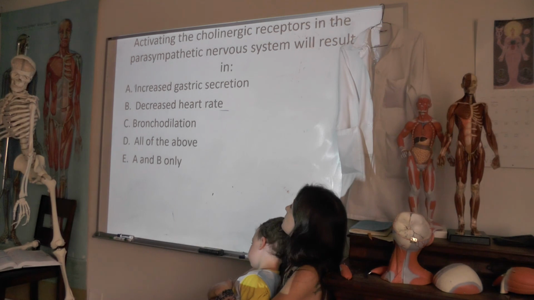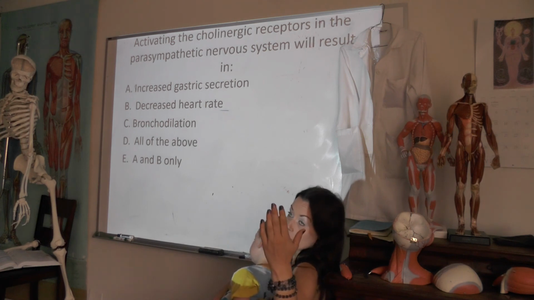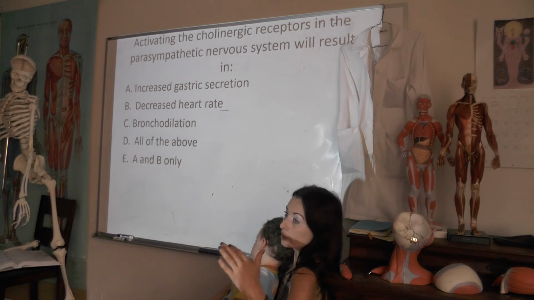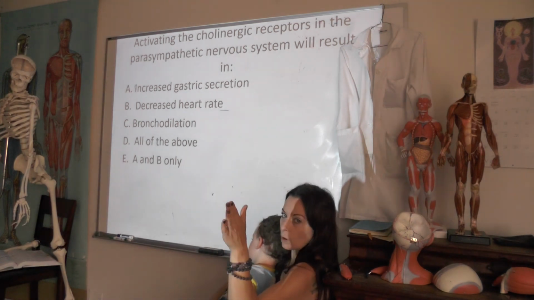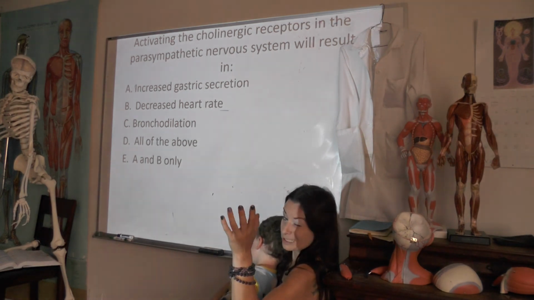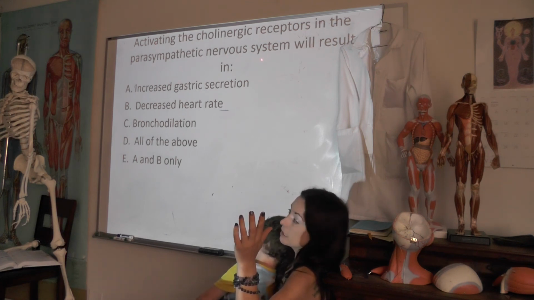So let's think about this. In the parasympathetic nervous system, if we activate cholinergic receptors, well, cholinergic receptors are found on every postganglionic neuron. So that's going to be stimulatory to our postganglionic neurons. Then the question is, on our targets, what are we going to do? Are those cholinergic receptors on our targets? Since it's a parasympathetic division, they are.